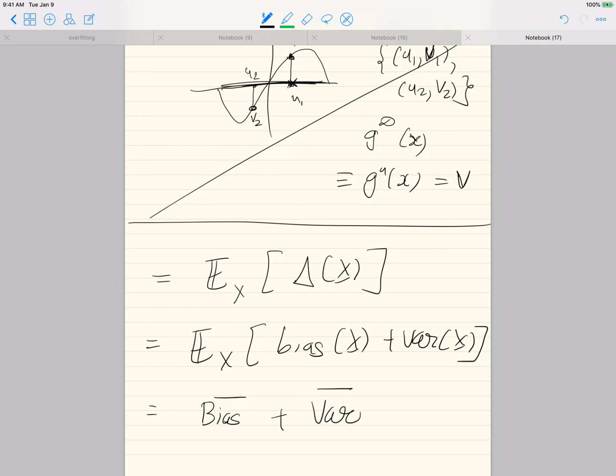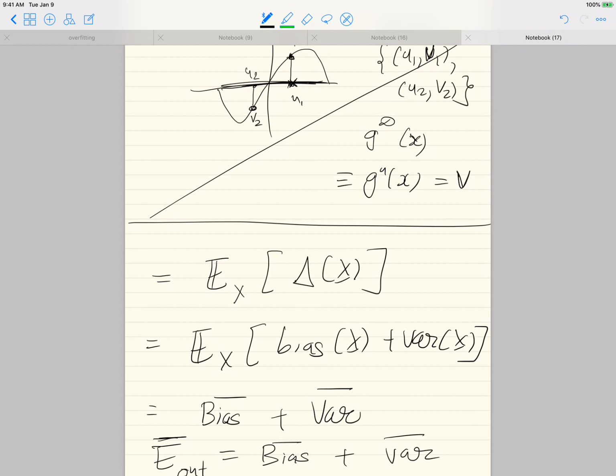So what we get as an identity is that the average test error, where the average is both with respect to the query point x and the training set D, is equal to the average bias plus the average variance. This is a key property because, given a hypothesis class, we are interested in the average test error.